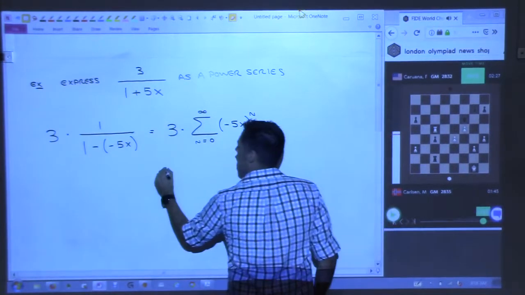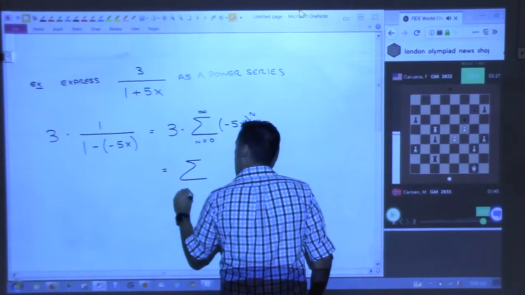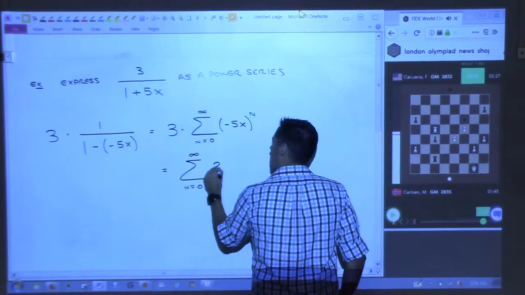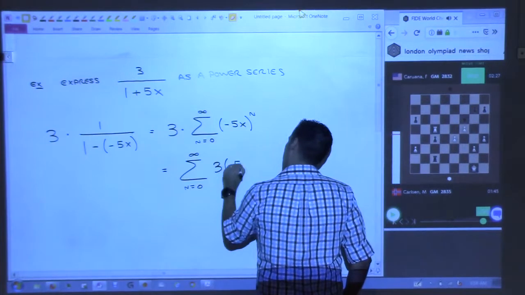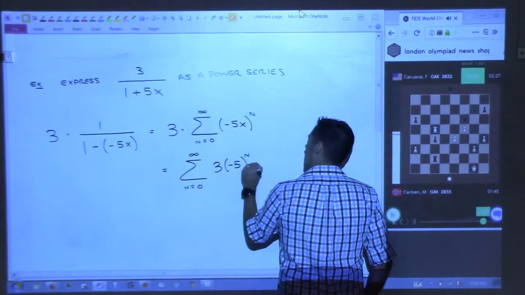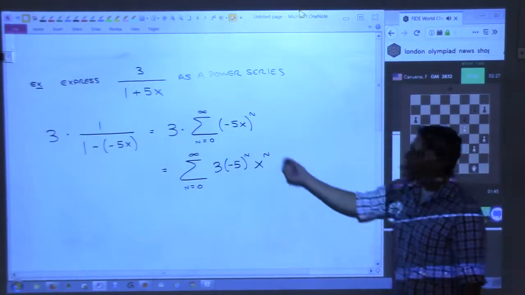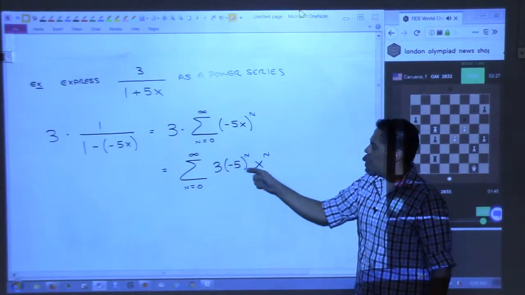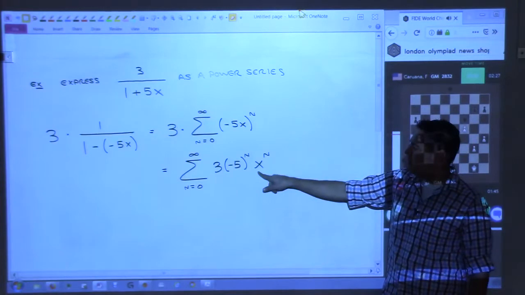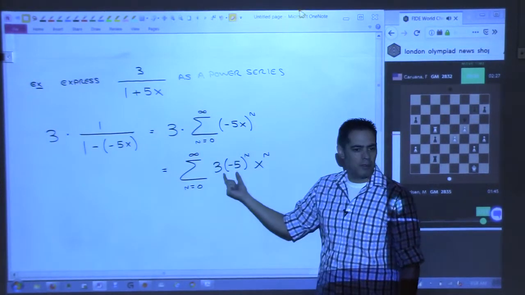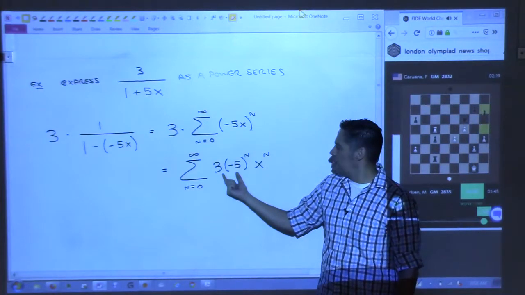Now this is equal to the sum, n equals 0 to infinity, of 3 times negative 5 to the n times x to the n. So again, I split this up into 2 so I could isolate the x. And the 3 that was out here can just come in and just be 3 times that. Now don't turn that into a negative 15, right? You can't do that.